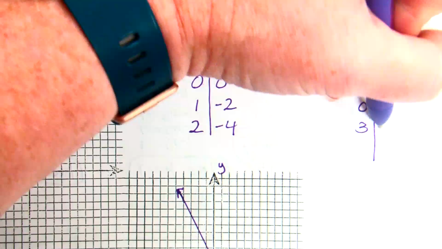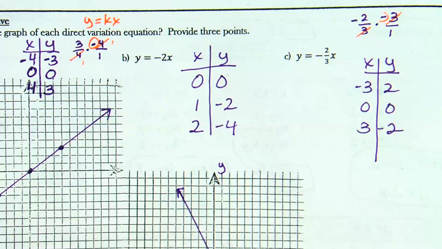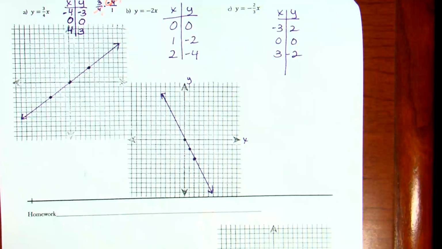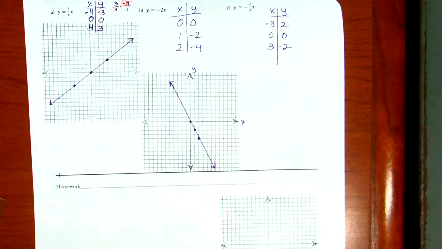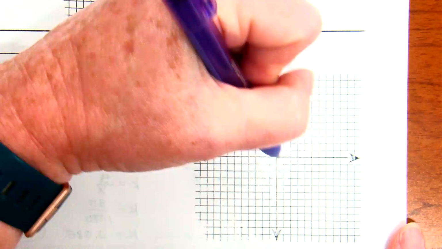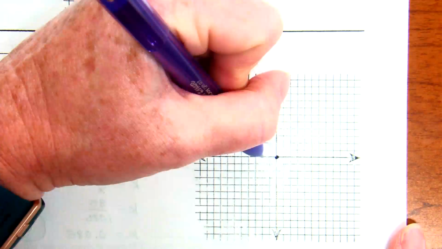Okay. Now, I'm going to have to zoom out. It's negative 3, 2, 0, 0, and 3, negative 2, but my graph's all the way down at the bottom. You know what? I'm just going to hope you guys got those values. I'm just going to zoom in on the graph. We've got 0, 0, negative 3, positive 2. Left 3 up 2. Positive 3, negative 2.